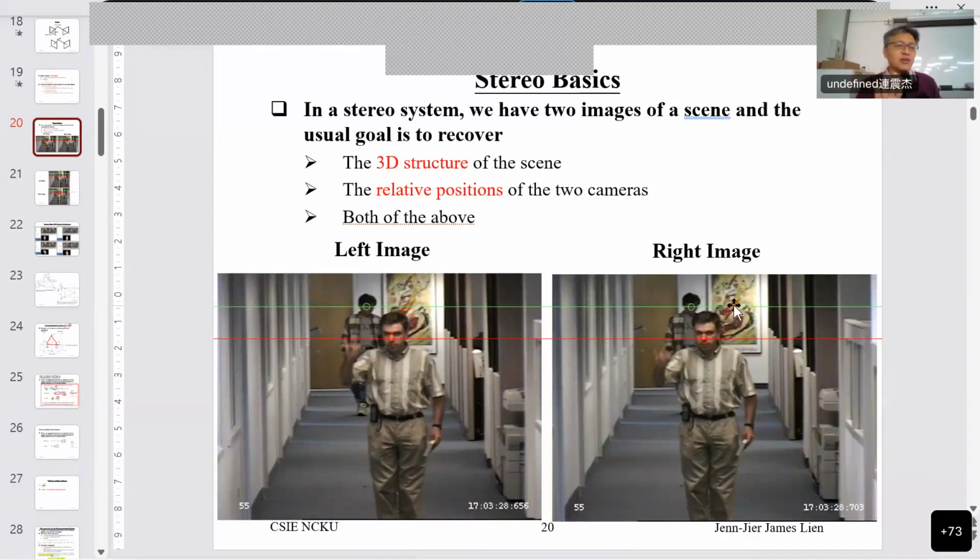So we prefer this one because this one will be easy. Okay. So most stereo cameras, including RealSense, will be parallel to each other. That means it is easy to find the corresponding epipolar line.